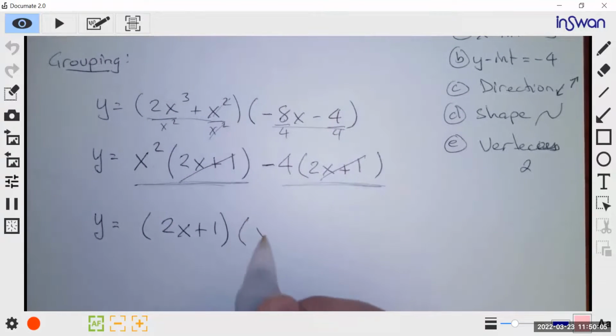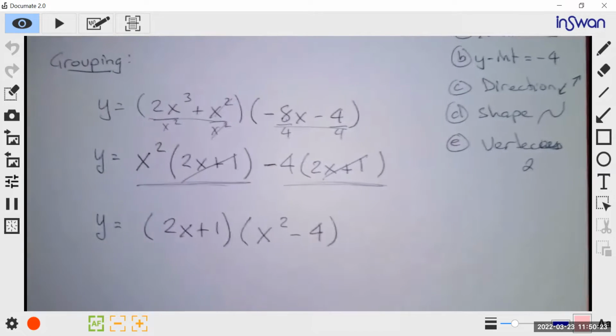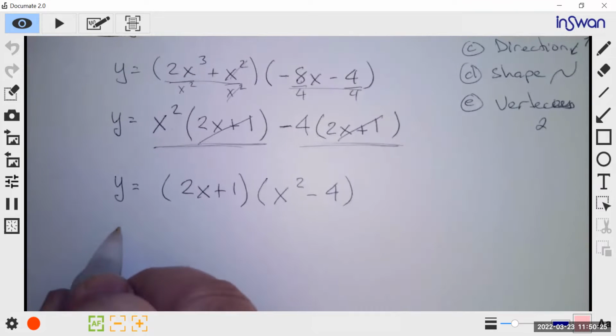What I'm left with, the coefficients go in their own parentheses. All right.